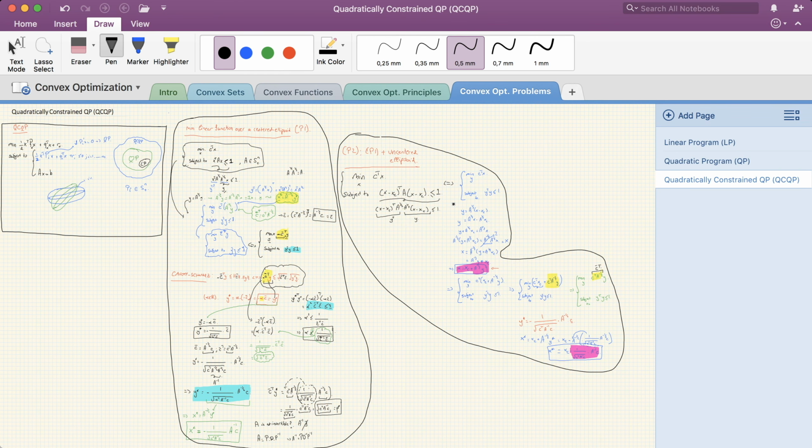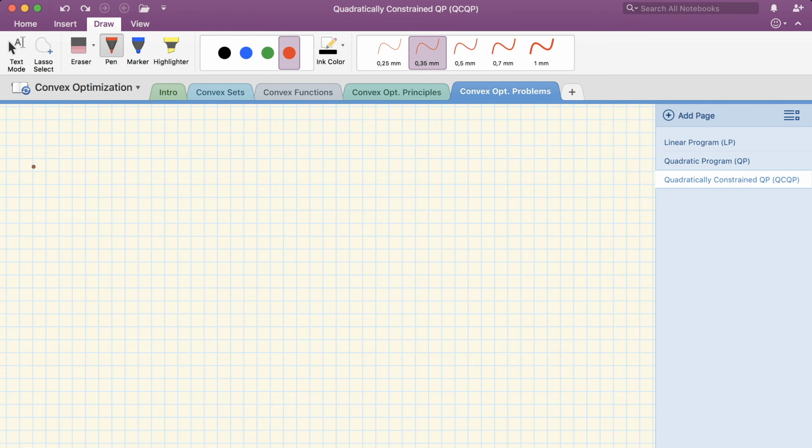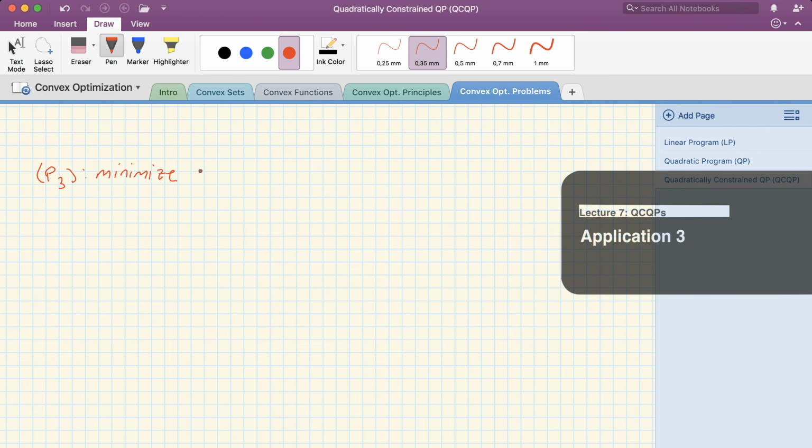That is, our aim is to minimize a quadratic cost function subject to a centered ellipsoid. Now the uncentered one is trivial after that, as P2 was trivial when you know what P1 is, right? So let's call this P3, minimize a quadratic function over centered ellipsoid.